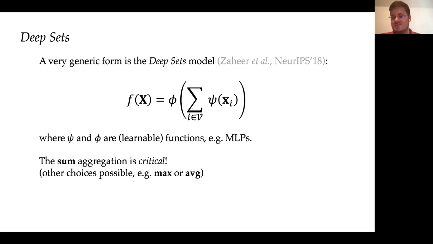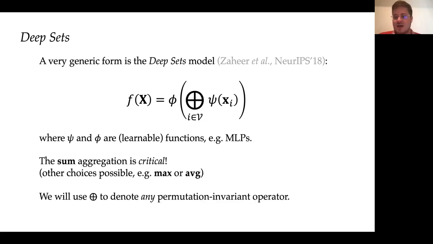Another thing that this implies is that you don't have to use the sum aggregation to guarantee permutation invariance. You can use other kinds of aggregators, such as maximization or averaging. And as a result, I will for now stop using the sum operation, and I will use this generic ⊕ operator. Whenever you see that, you think of anything which is permutation invariant over its arguments.